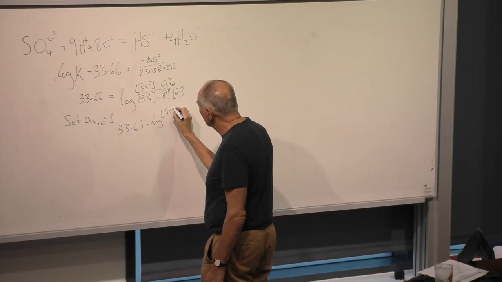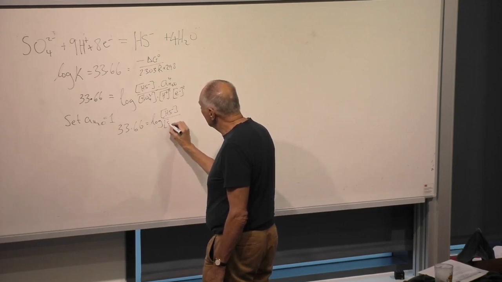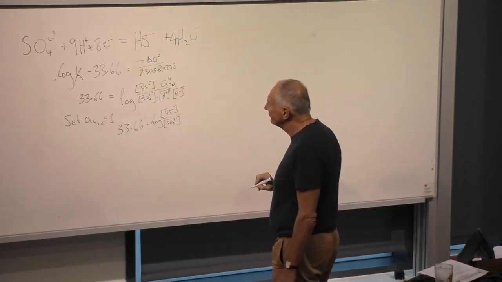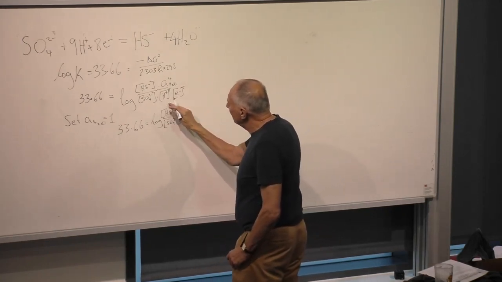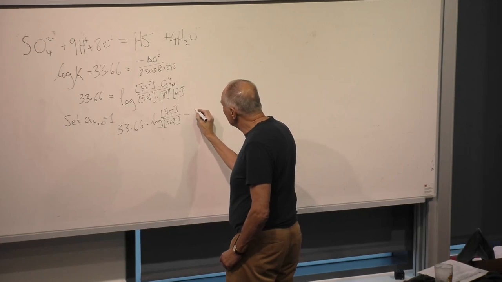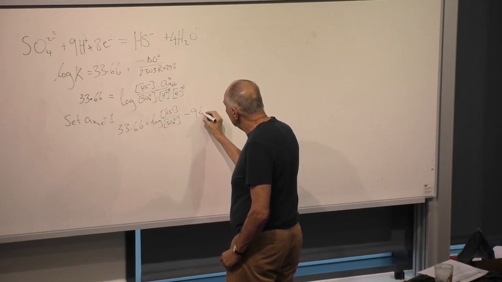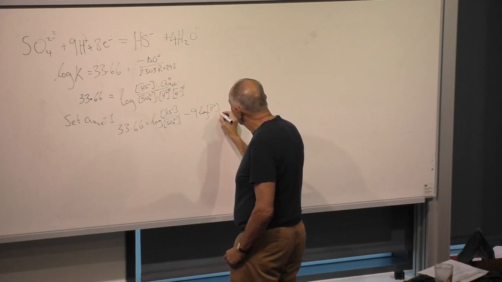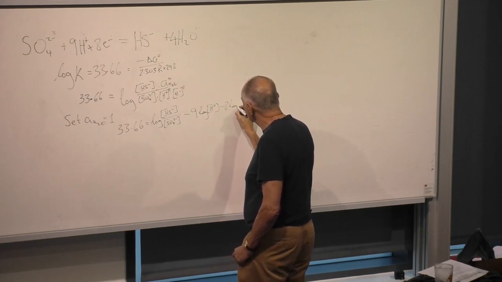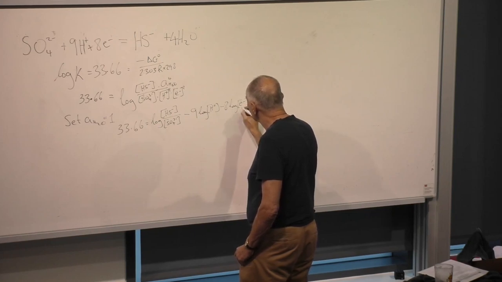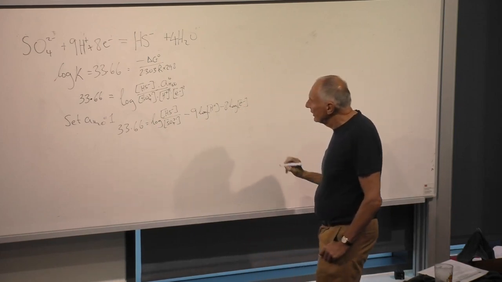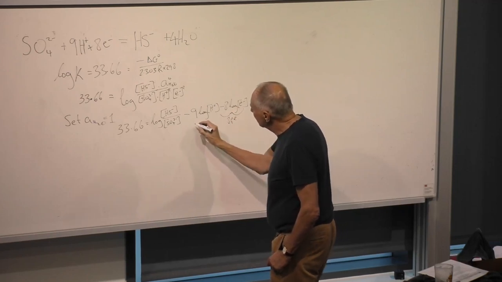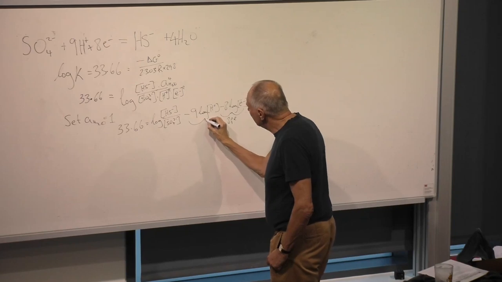HS minus over SO4 2 minus, and these are underneath, so negative, minus 9 log H plus minus 8 log E minus. And that's 8 PE, and that's 9 pH.